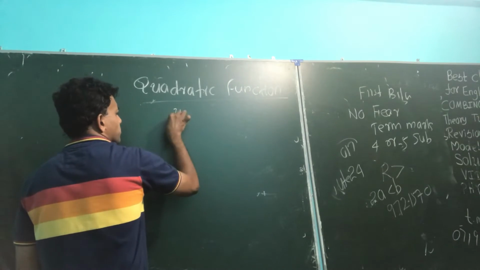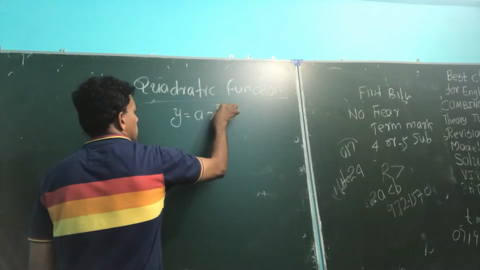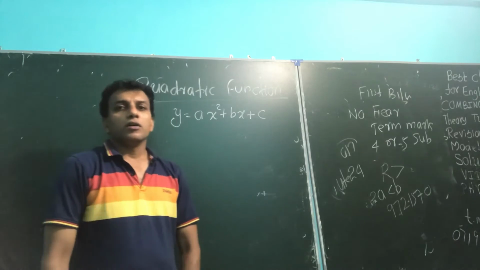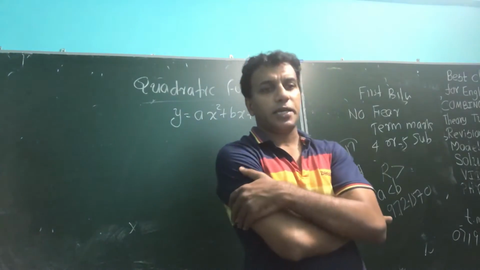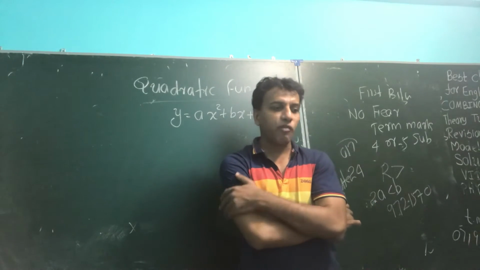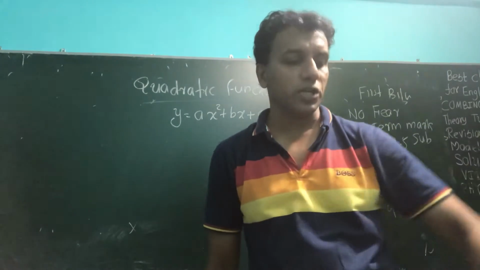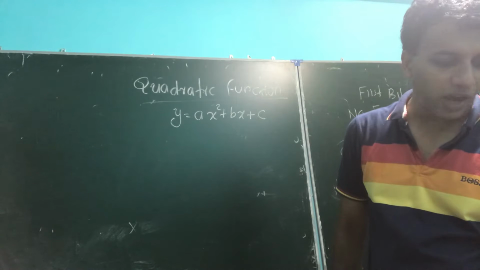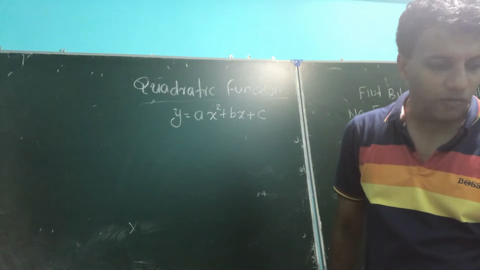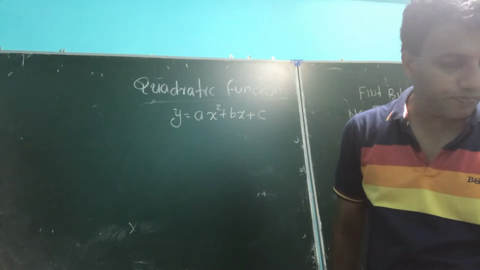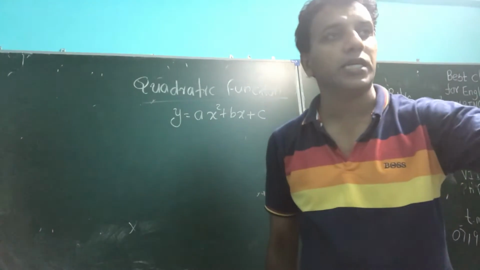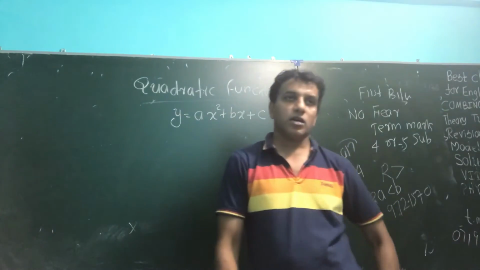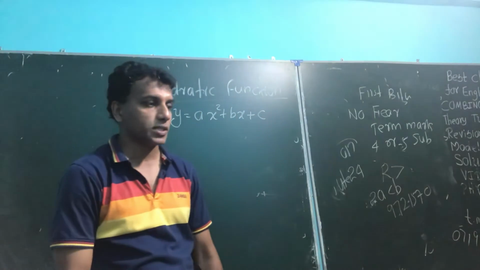Okay, see, write this: y equal ax square plus bx plus c is a quadratic function in x, where a, b, c are constants.